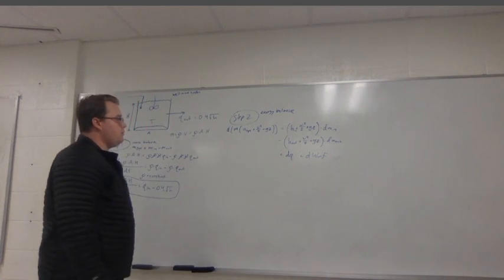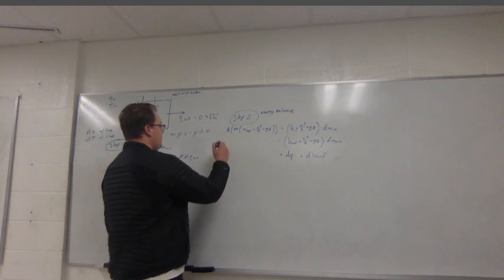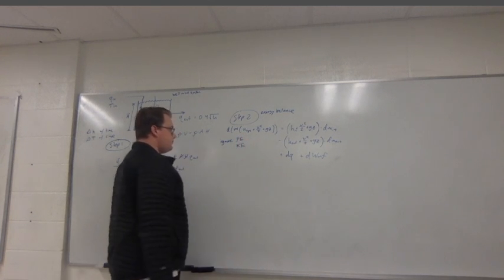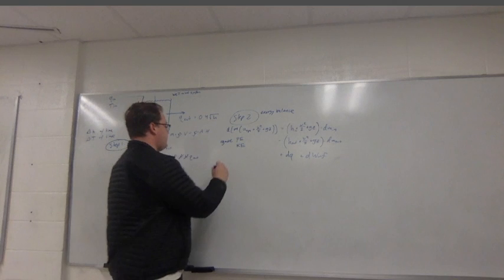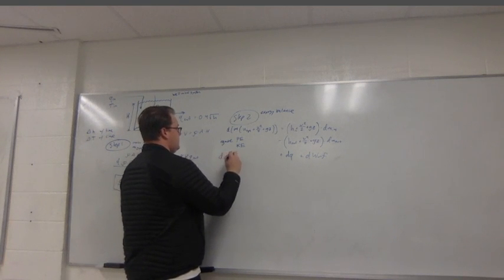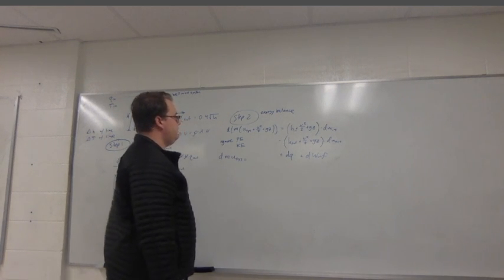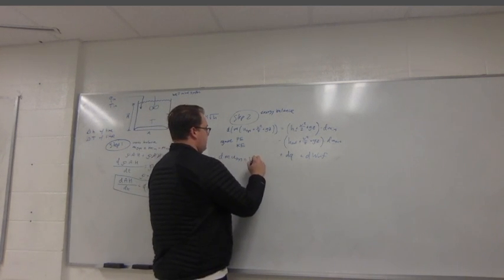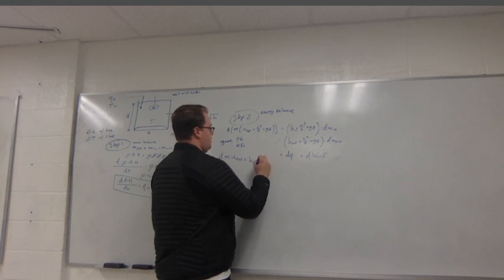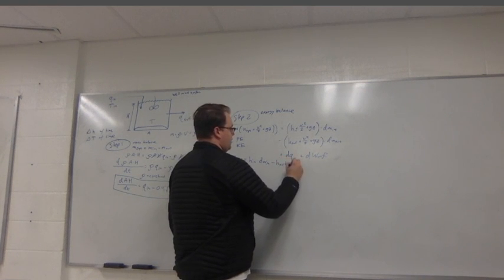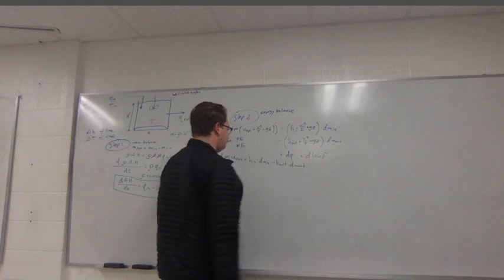So to keep things simple, I'm going to say that we can ignore potential energy and kinetic energy, which leaves us with just dm, internal energy of the system, is equal to enthalpy in times change in mass in minus enthalpy out times change in mass out.